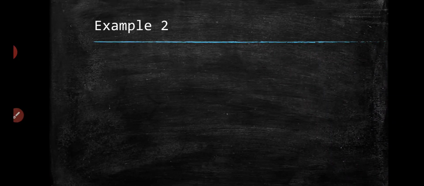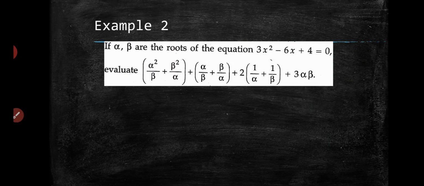Next, number 2. Now question number 2 is going to give us the idea of how to make use of the sum and product of the roots. It is given that if alpha and beta are the roots of the equation 3x² − 6x + 4 = 0, then evaluate alpha²/beta + beta²/alpha + alpha/beta + beta/alpha + 2(1/alpha + 1/beta) + 3 alpha beta.